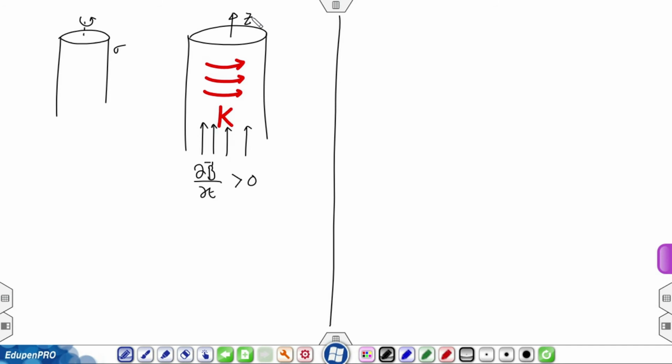I can draw an analogy with the Biot-Savart law equation, as we did in the previous couple of lectures.